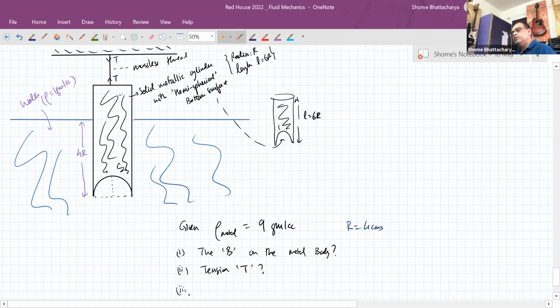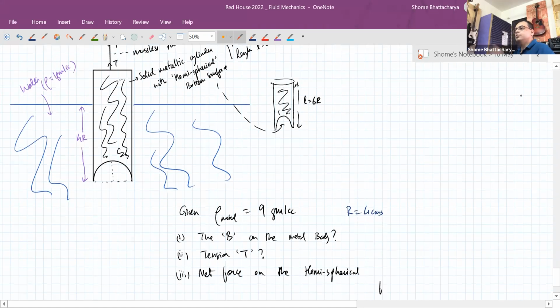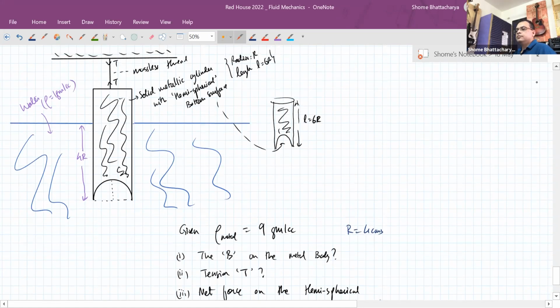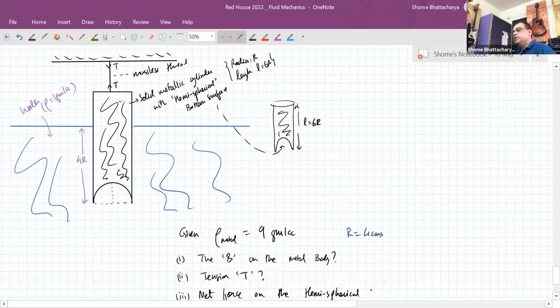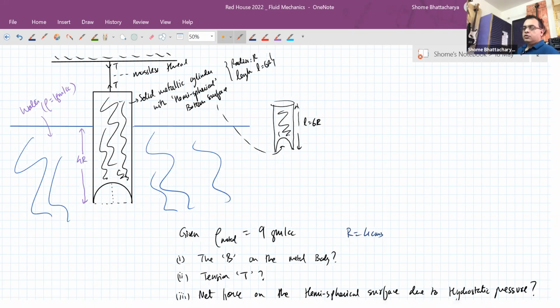We have to find the net force on the hemispherical surface due to water pressure. What is the net force on the hemispherical surface due to hydrostatic pressure? Okay, just try this out with me.